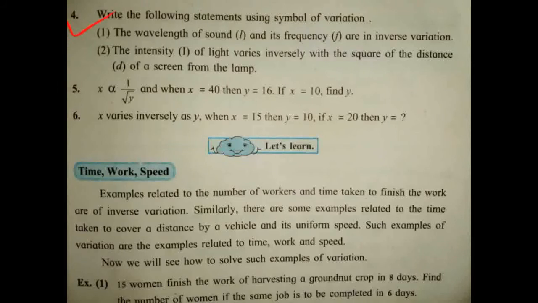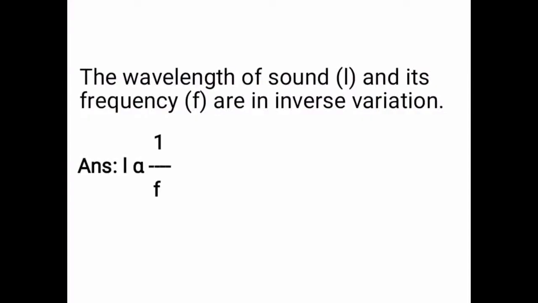Next, write the following statements using the symbol of variation. First one: the wavelength of sound L and its frequency f are in inverse variation. You have to use the letters when you write inverse variation. The wavelength of sound is given as letter L and its frequency is given as letter f. So the inverse variation is L is inversely proportional to f.